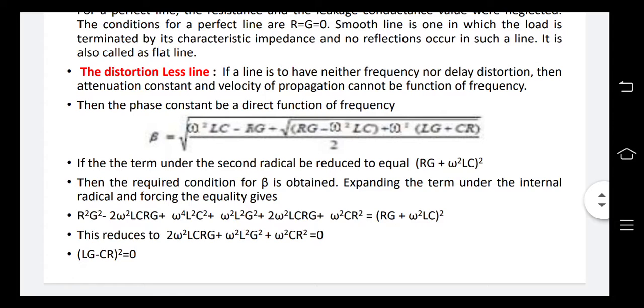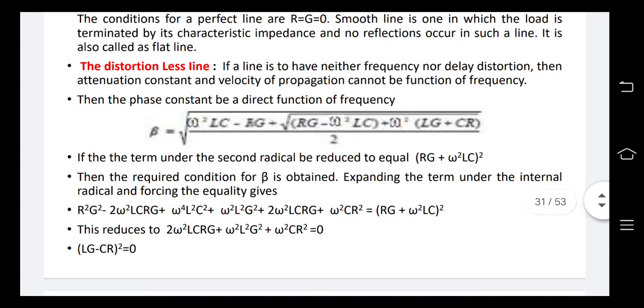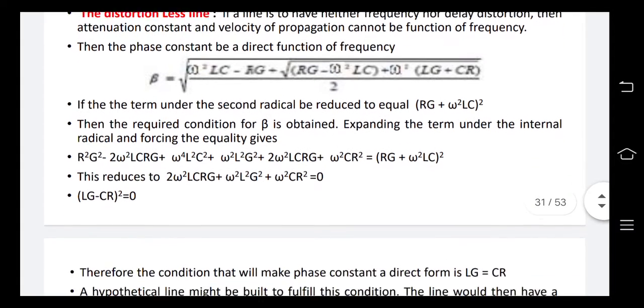So expanding the term under the internal radical and forcing the equality will give a relation which reduces to 2 omega square LC RG plus omega square L square G square plus omega square C square R square equals 0. This further leads to (LG minus CR) the whole square equals 0.